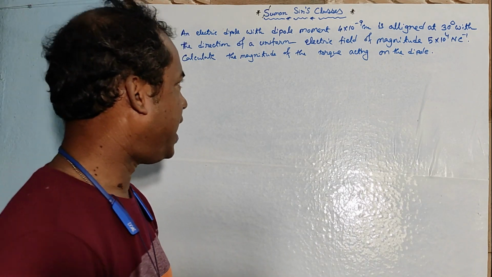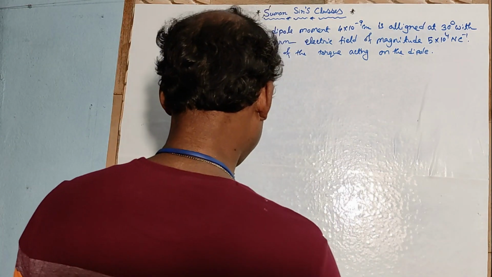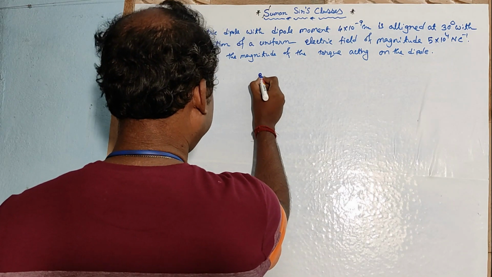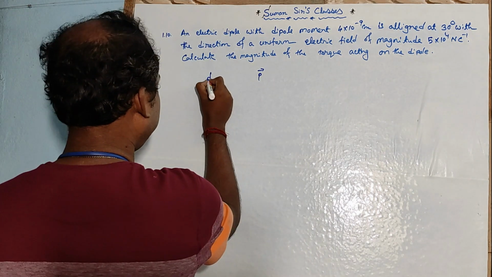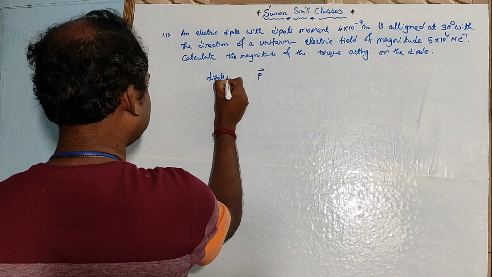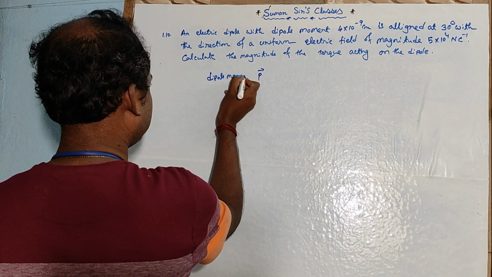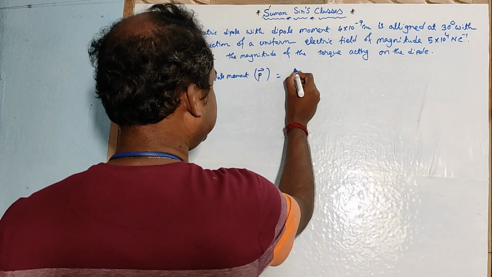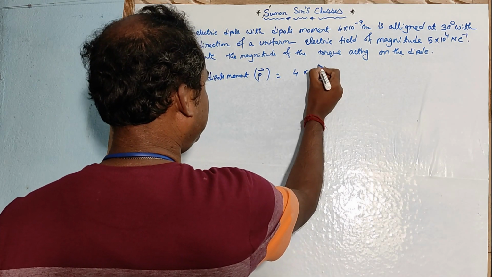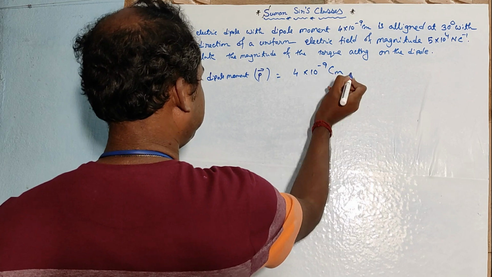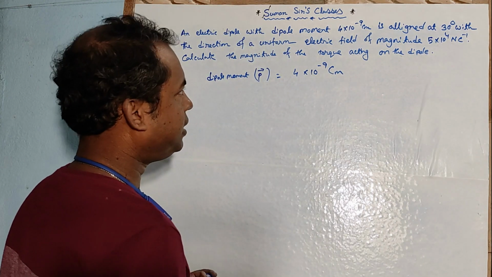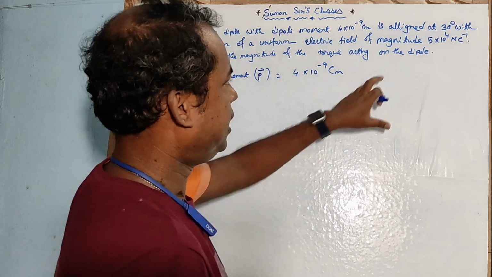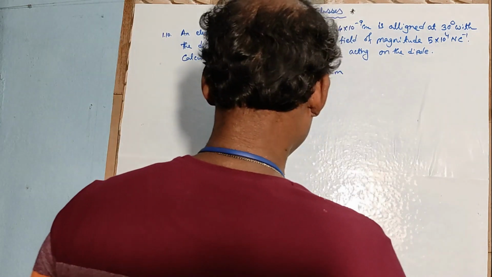Here the following quantities are given. The dipole moment P equals 4 × 10 to the power minus 9 Cm. For the next one, the magnitude of the electric field E is given.